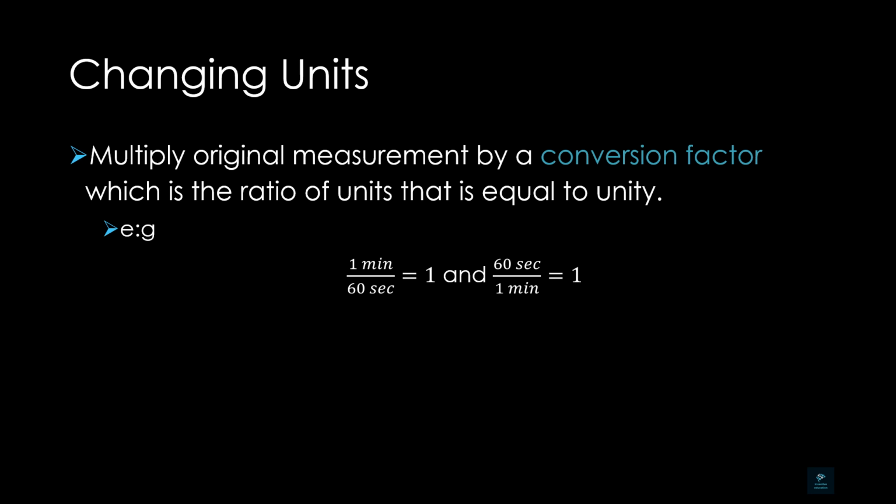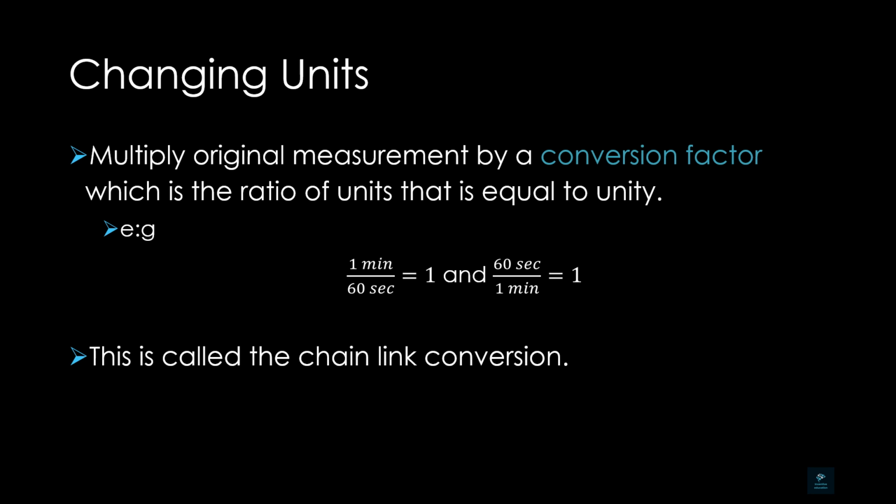Therefore, to convert time from seconds to minutes, we multiply it by 1 minute by 60 seconds. And to convert time from minutes to seconds, we multiply it by 60 seconds by 1 minute. This process is called chain link conversion.